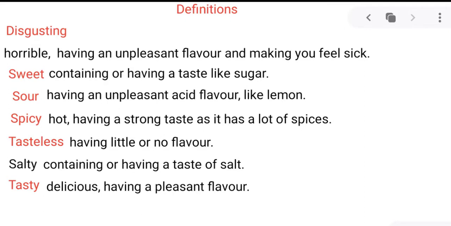The 7 words in the third group, or in the second group, the group which contains adjectives describing food. These 7 words are very important. Study these words and study their definitions well, because they are very important.